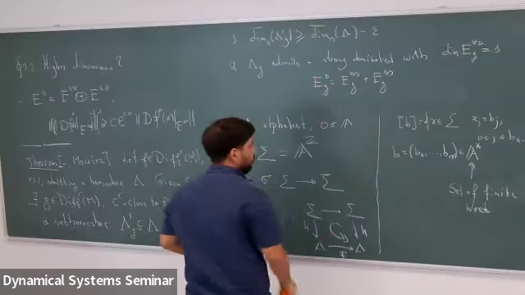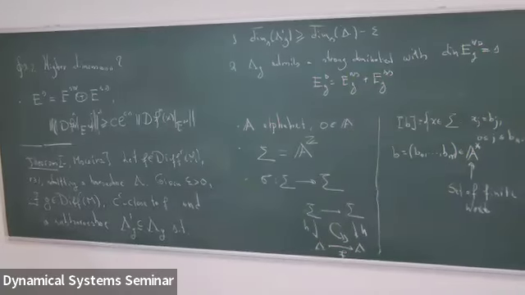That's the result. So, in other words, I start with a diffeomorphism F with some upper stable dimension.